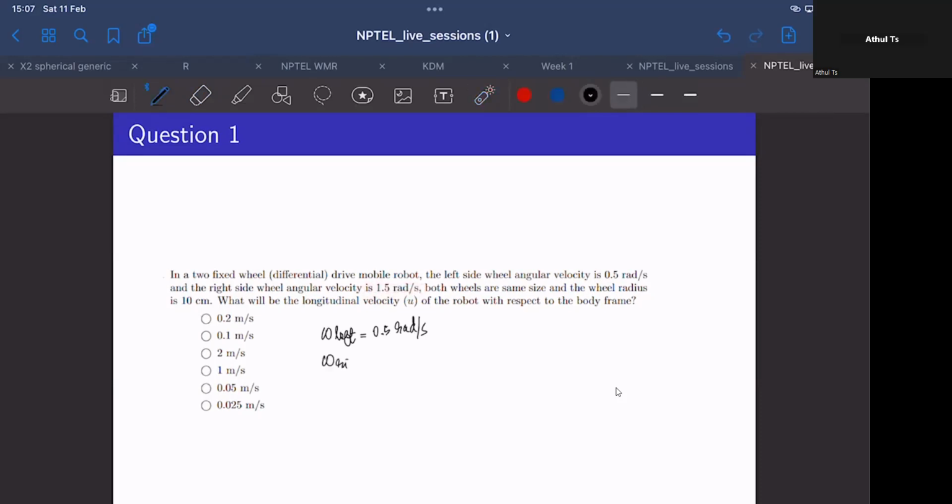So omega right is 1.5 radians per second. Both wheels are the same size and the wheel radius is 10 centimeters.